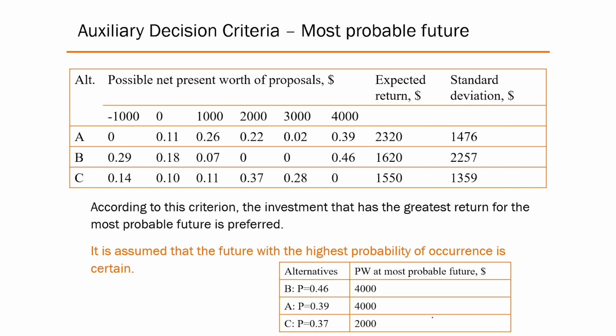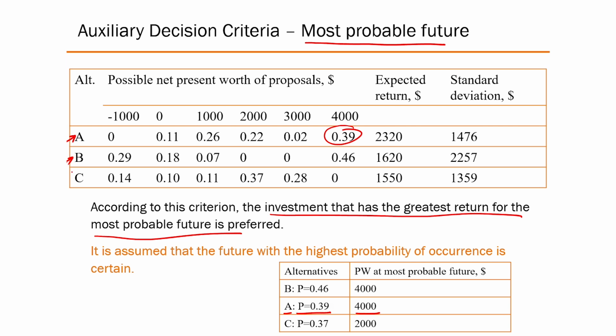Another auxiliary decision criterion that people often use is called the most probable future. So what do they do? According to this criterion, the investment that has the greatest return for the most probable future is preferred. So for A, what is the most probable future? $4,000, with probability 0.39.